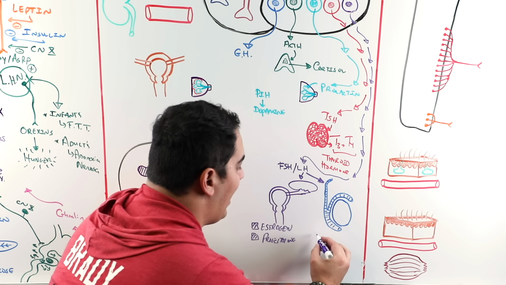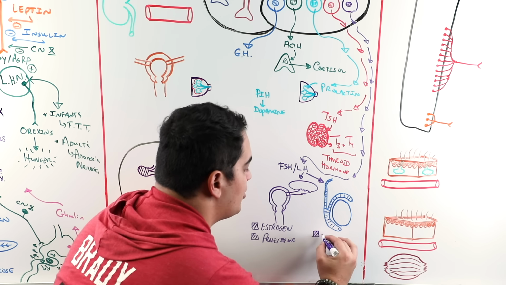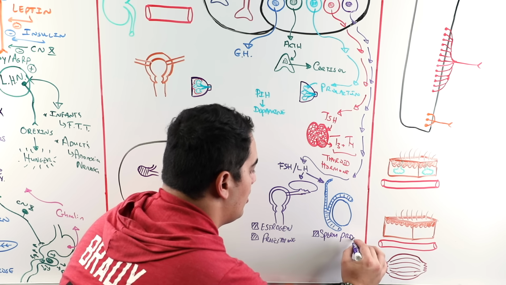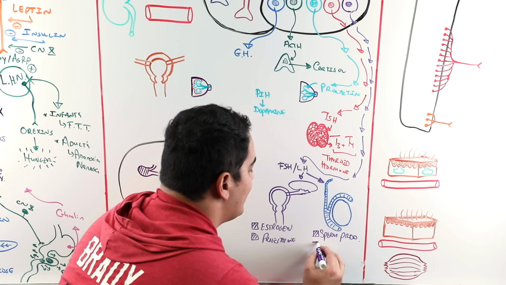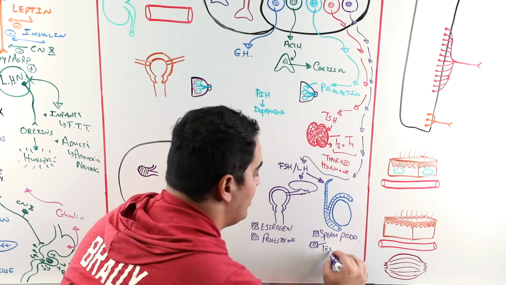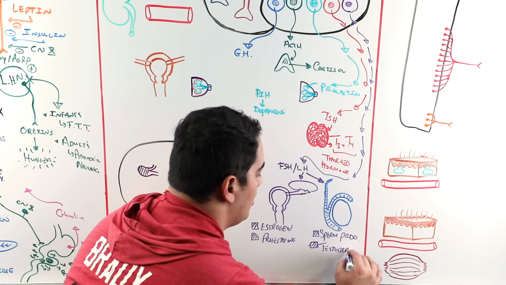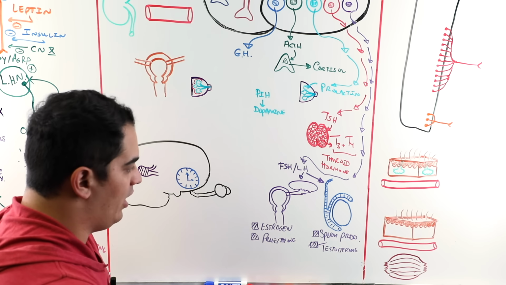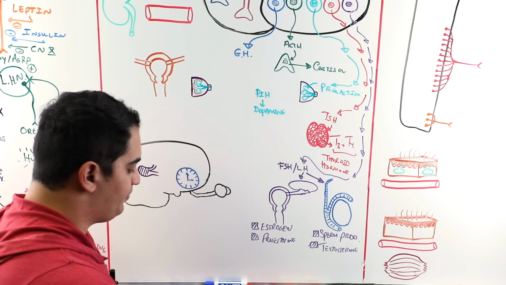Within the male, FSH is really mainly for sperm production, whereas LH within males is responsible for testosterone production.